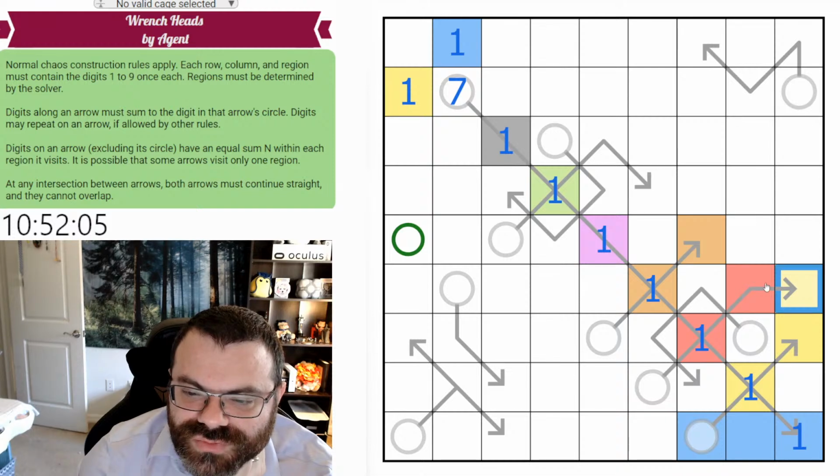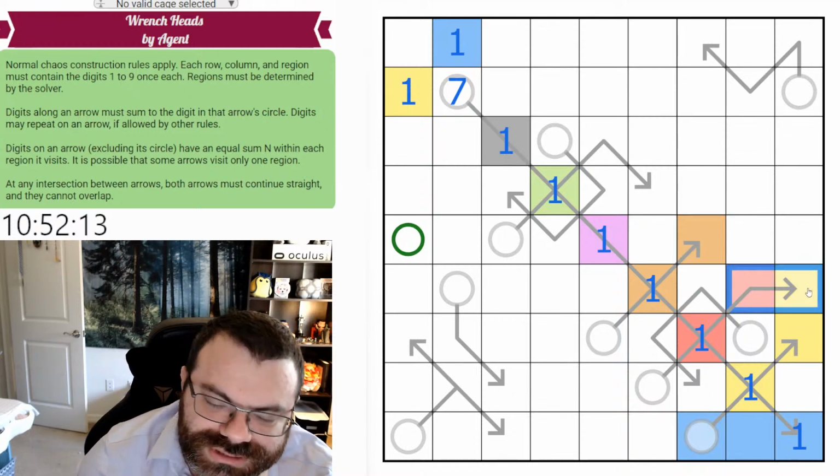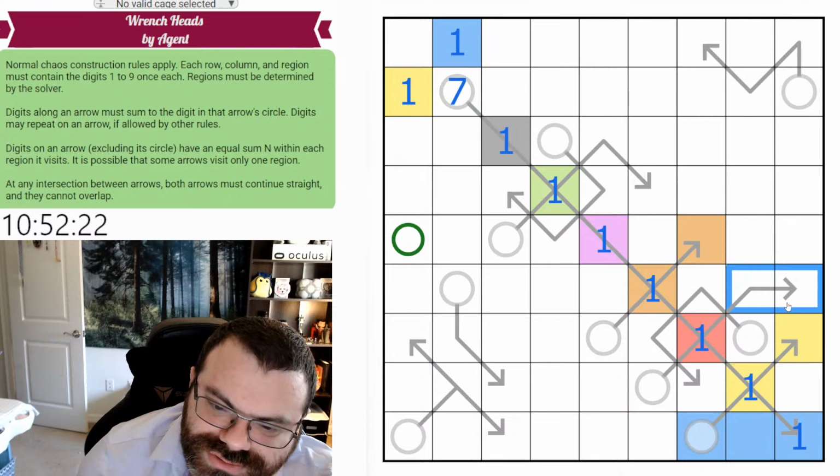Then this would be 1 bigger than this. So we'd either still be 2, or we could be 2, 3, or 3, 4. But that would be it.